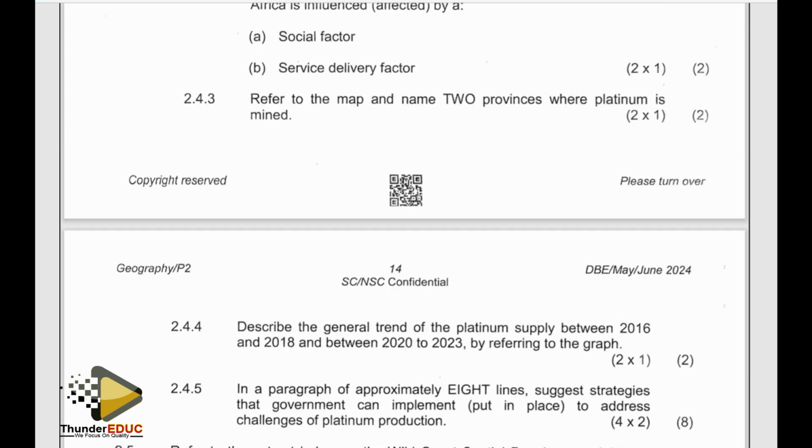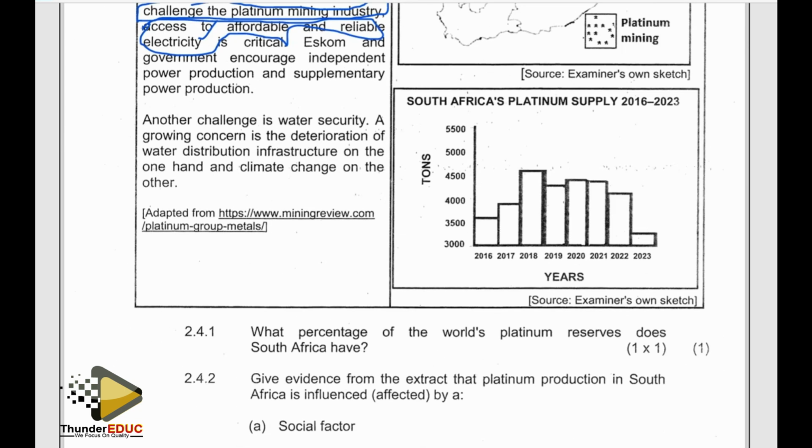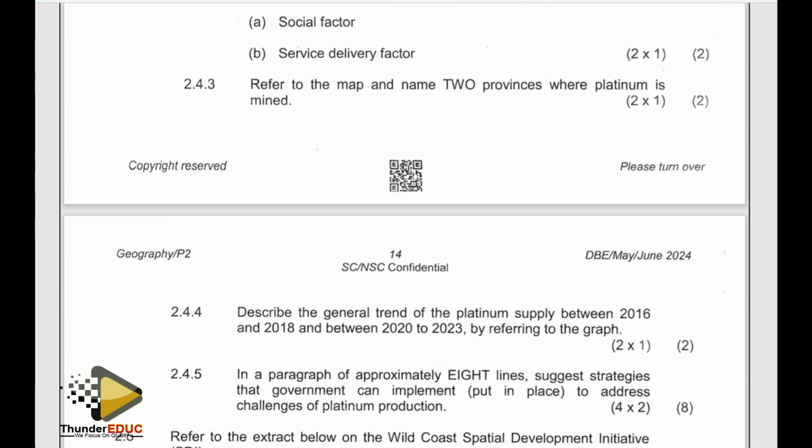Let's go to 2016 to 2018. 2016 to 2018 is this part of the graph. The trend is increasing, like what you are seeing there. From 2016 to 2018, it's increasing. Then what's the trend for 2020 to 2023?